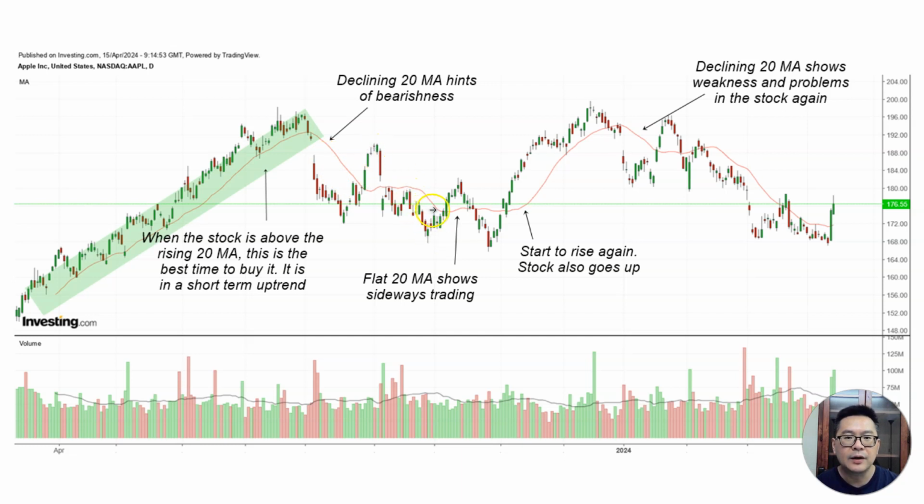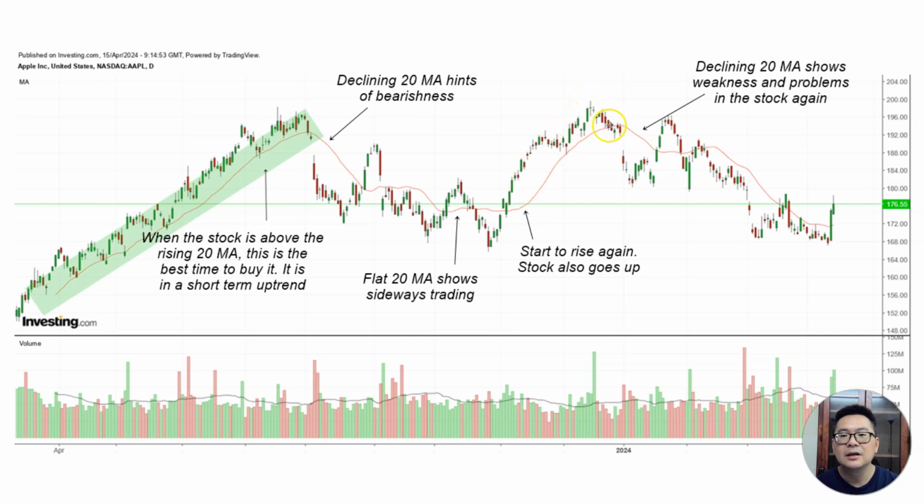Then there comes a point where the MA trades flat, kind of moving sideways, and this tells us that the stock is moving sideways. You just bounce up and down here. And then here you can see the MA start to rise again, and look how the stock moves up.